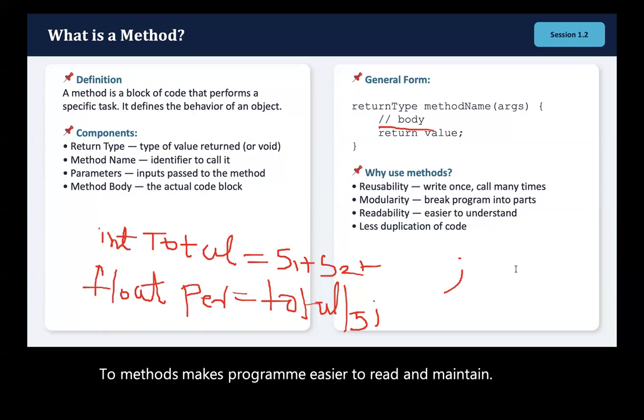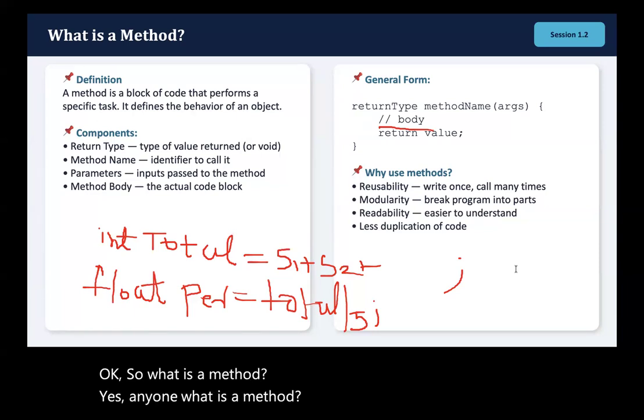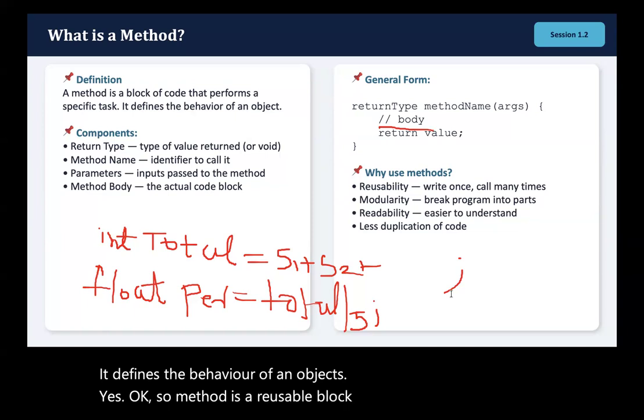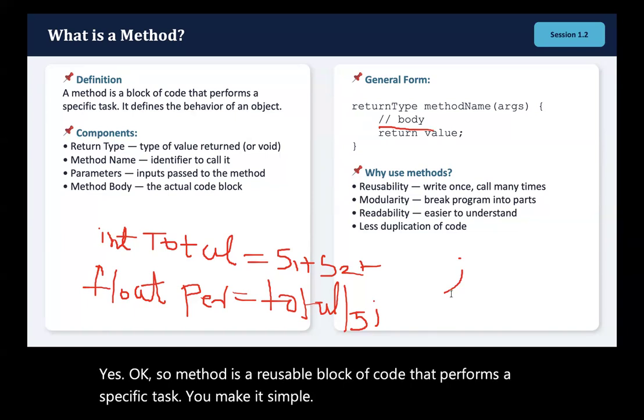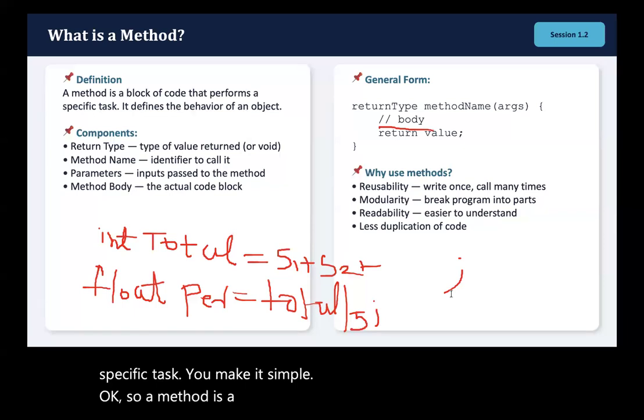Okay, so what is a method? Anyone? What is a method? It defines the behavior of an object. Yes, okay. So a method is a reusable block of code that performs a specific task. Okay, so a method is a collection of code that performs a specific task.